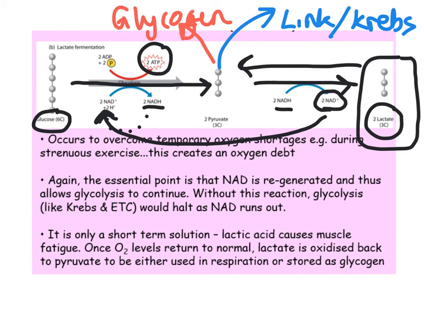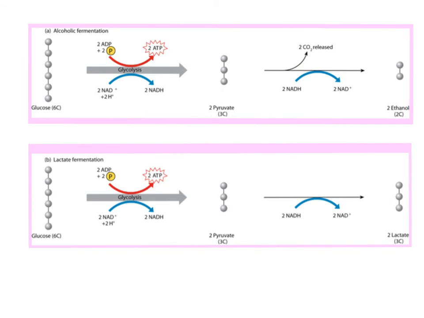Obviously, when we convert it back to pyruvate, that's an oxidation step. So our coenzyme has been reduced, and again that's free to go off and be used in the electron transport chain. So we've got our reduced NAD back that we originally used up, that came from glycolysis.